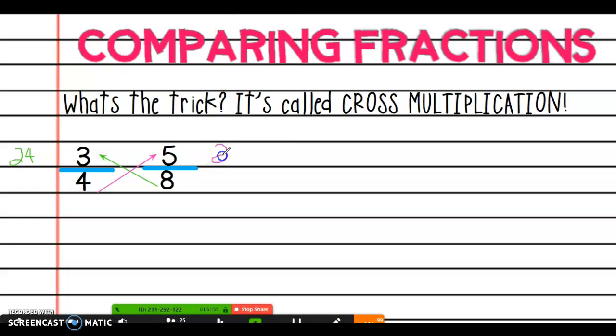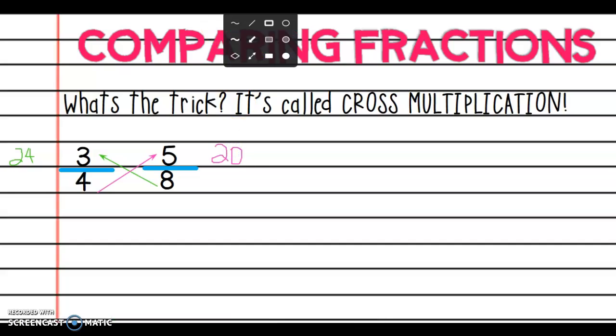Okay, perfect. So now I know the answer to compare these two fractions. How are we going to read that, Regina? Is it less than, equal to, or greater than?